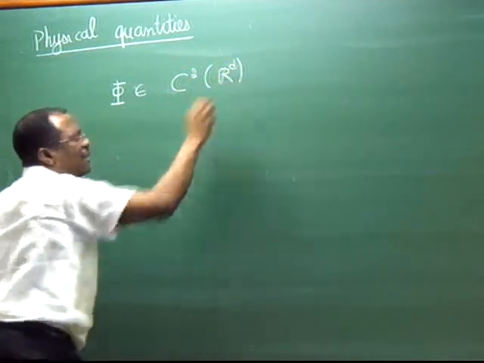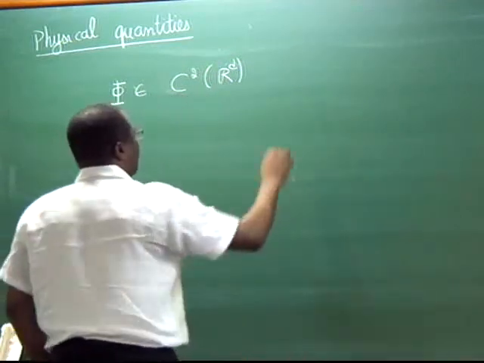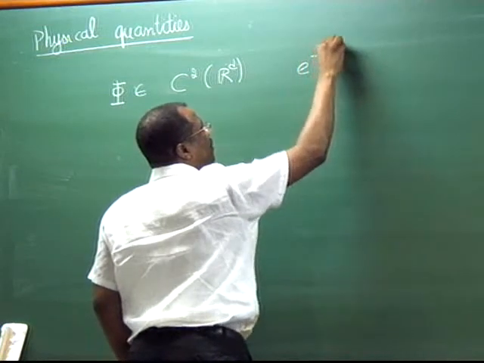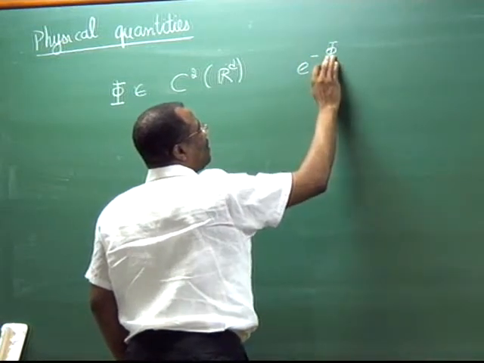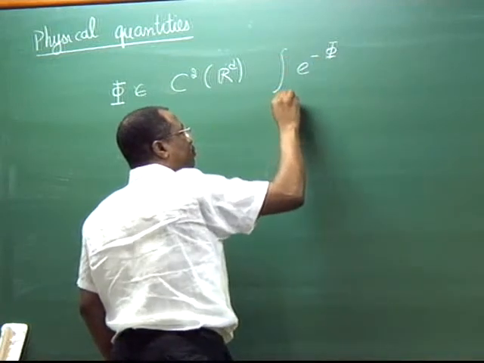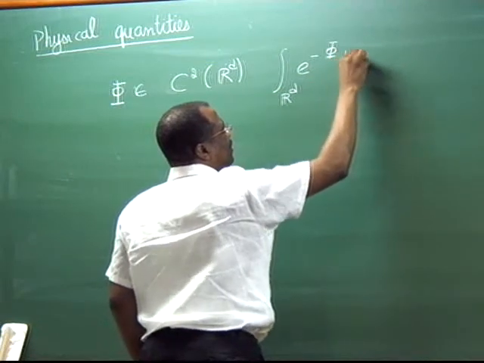And I am going to assume that the integral of the exponential of negative phi dx is finite.